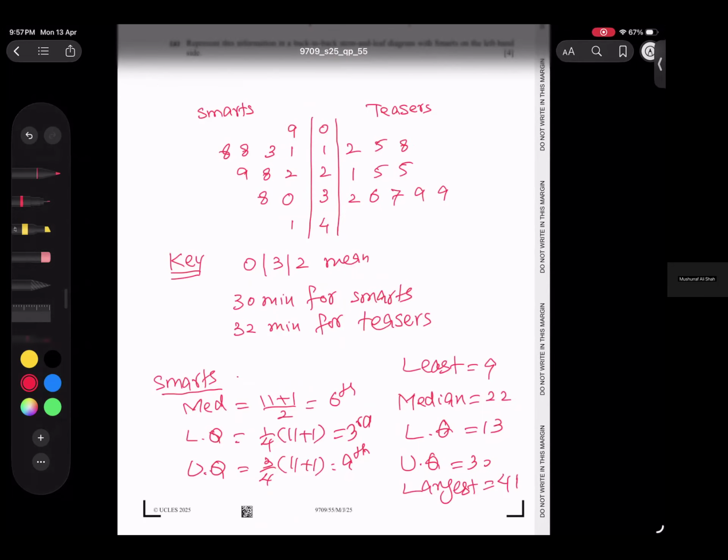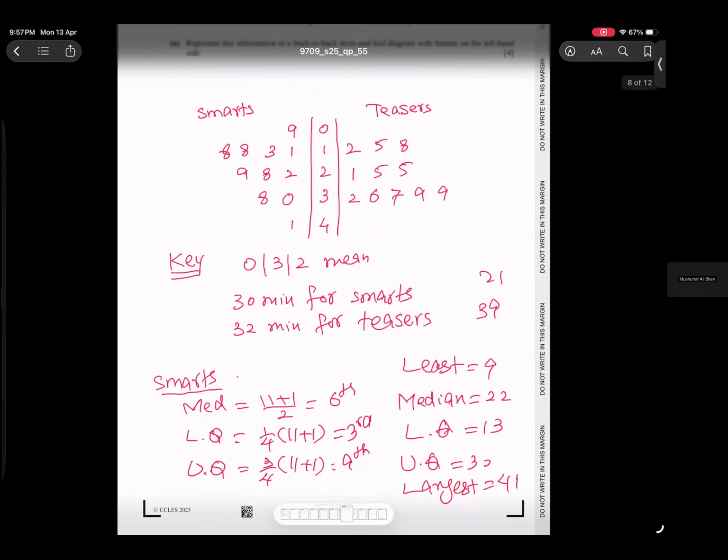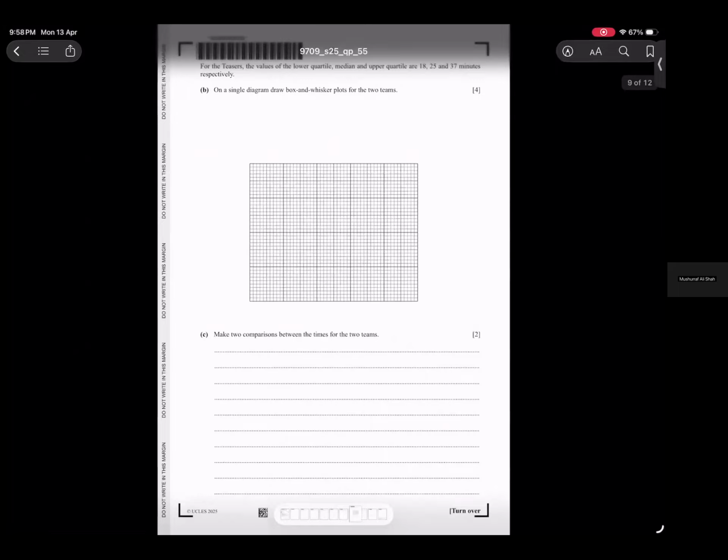Okay, 41. And I talk about the other, what is the least from here? 21. So 21, least. And largest is 39. So these values I will shift on the next page. So copy and paste on the other page.